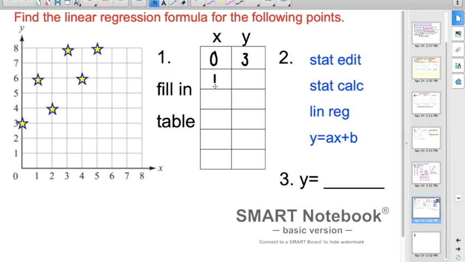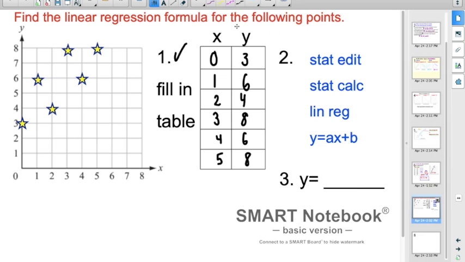The second one is 1, 6. Then we have 2, 4. Okay, so fill in your table of values.